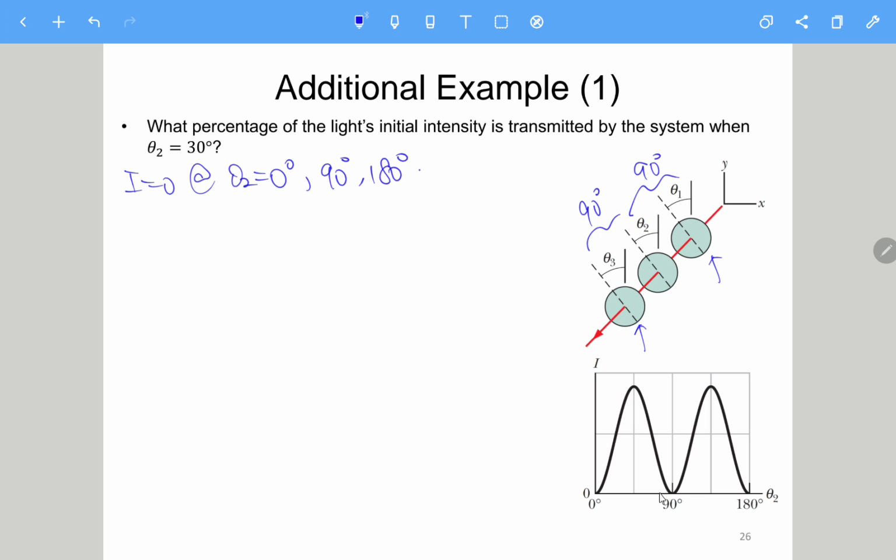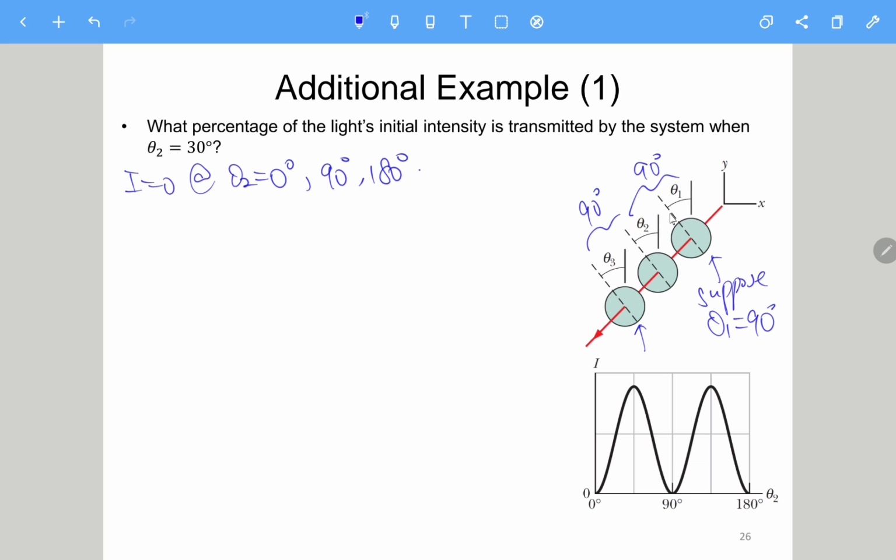Just say for example, suppose theta 1 is 90 degrees. So theta 1 and theta 2, when theta 2 is 0 degree or 180 degree, there will be 90 degree between them.